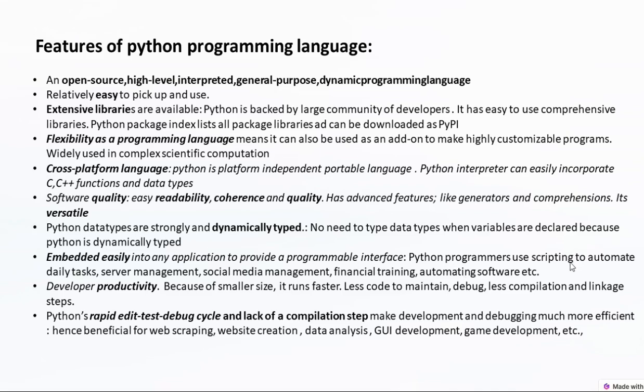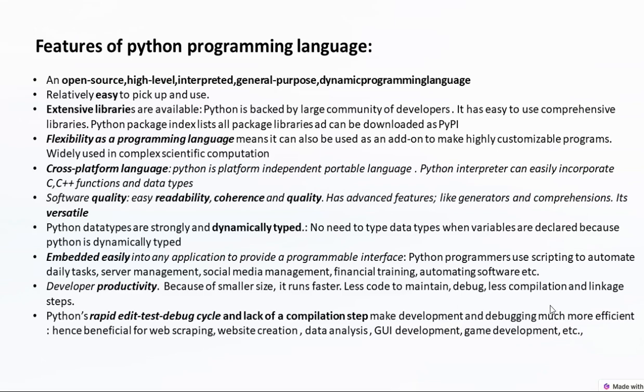Python programmers use scripting to automate daily tasks, server management, social media management, financial trading, automating software, etc. Developer productivity also increases because of the smaller size and simple style of coding in Python. It also runs very fast, and therefore you have very little code to maintain and debug.